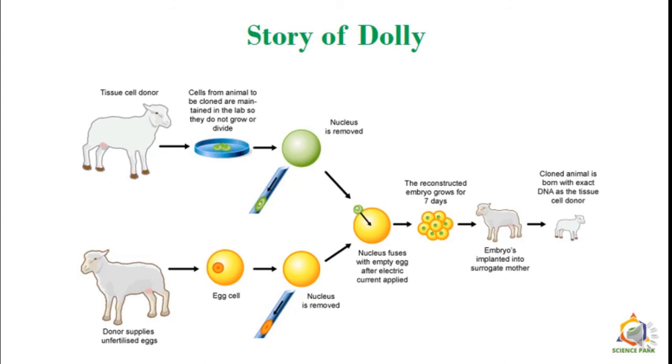Into this egg cell from which the nucleus was already removed, the nucleus from the mammary gland cell was inserted. Then it was allowed to divide and grow into an embryo. This embryo was implanted in a surrogate mother, and that is how she gave birth to Dolly.